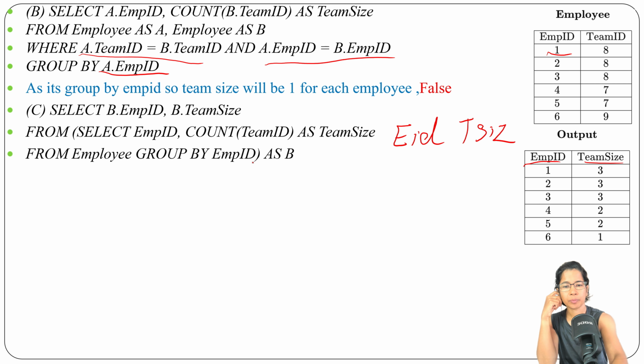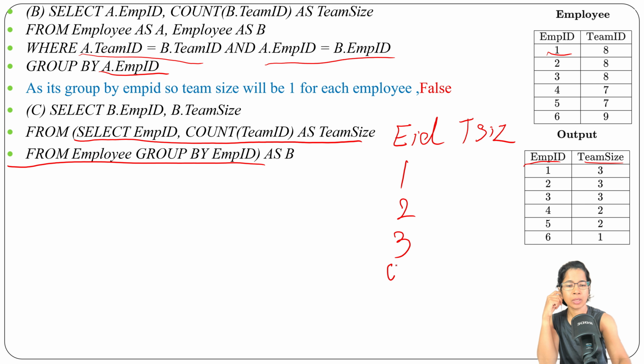So this whole thing will give all the employee IDs 1, 2, 3, 4, 5, 6. Count team ID. For 1, it will be 1. As it's written group by employee ID, how many times is 1 there? 1 is just once. So for all, output will be 1.